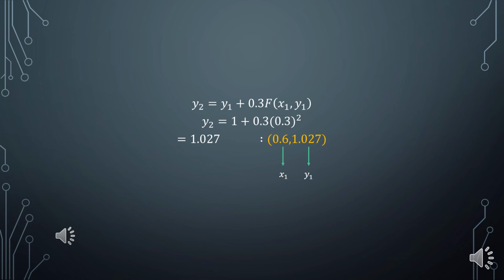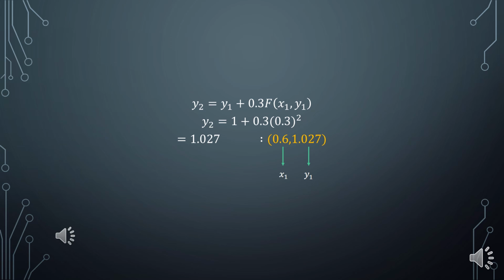So for our y sub 2, we take the y1 value plus again our step size of 0.3, and then we take f of x sub 1 comma y sub 1. So again, this is our x sub 1 value, and this is our y sub 1 value. So y1 is 1 plus 0.3, and now into our derivative we have to plug in 0.3 for x and 1 for y.